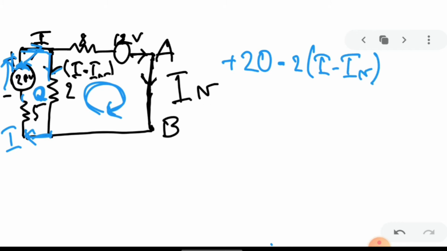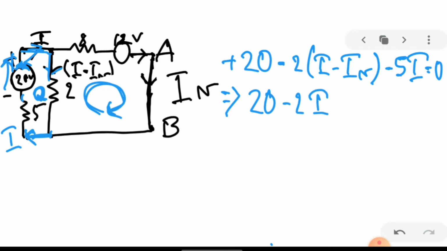And in this 5 ohm, the loop direction and the current direction are the same, so it is 5I equals 0. You can calculate it: 20 minus 2I plus 2IN minus 5I equals 0.